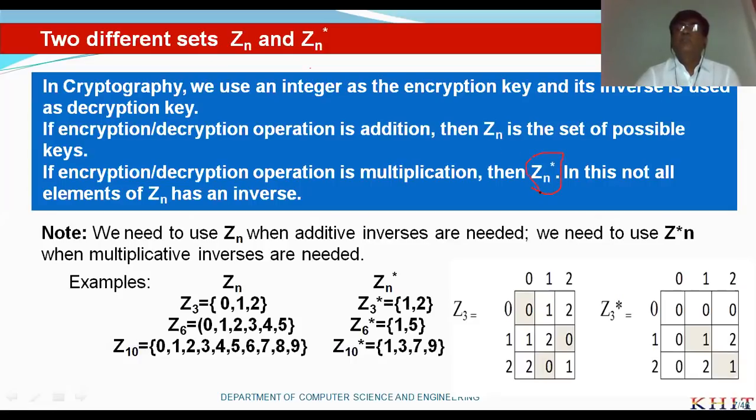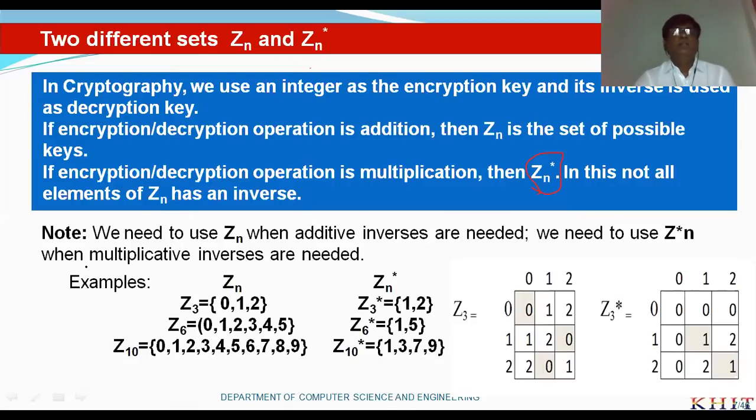Zn star contains only the few numbers which have multiplicative inverses. Zn means every number has its additive inverse, but in the case of multiplication, not every integer has a multiplicative inverse. Only a few numbers have one, and that is indicated with Zn star. In this, not all elements of Zn have an inverse.